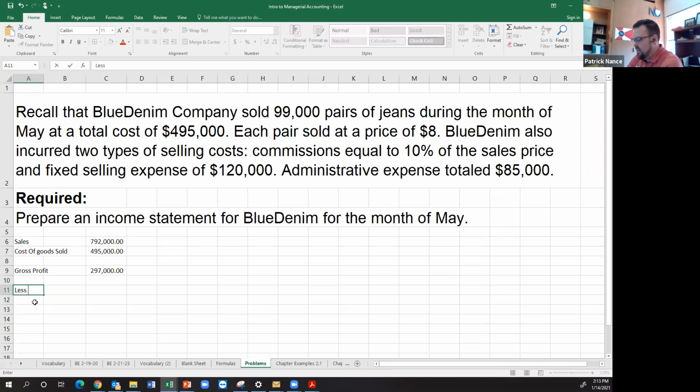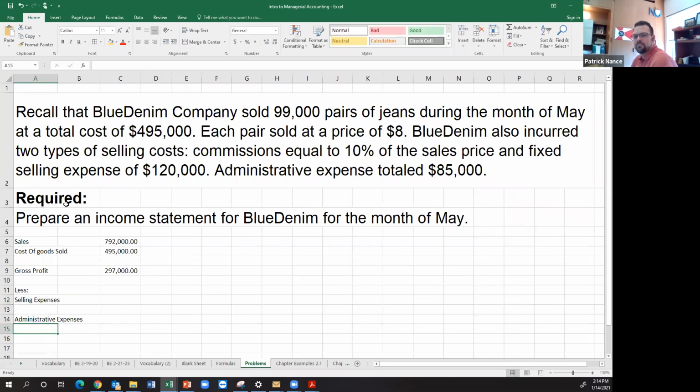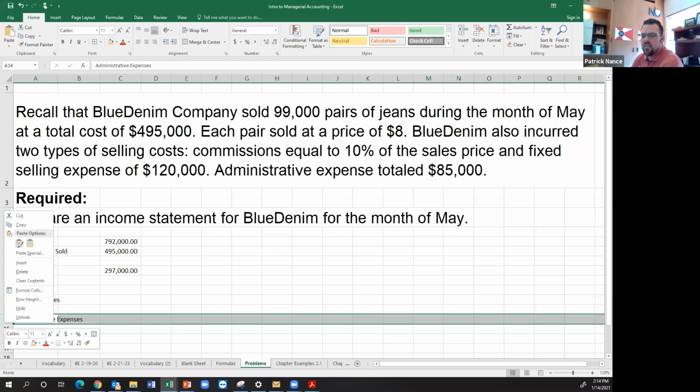So we usually separate out our selling expenses and then our administrative expenses. Okay, so for selling expenses, it says that we have two types of selling expense. They have a 10% of the sales price and a fixed selling expense of $120,000.